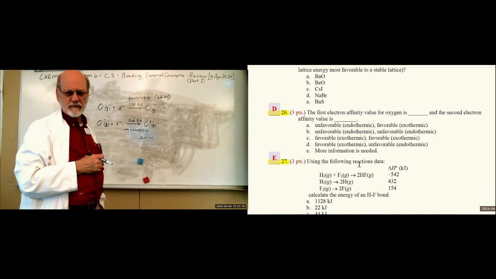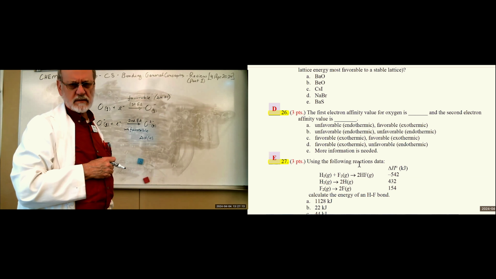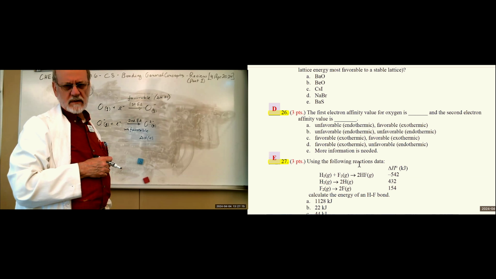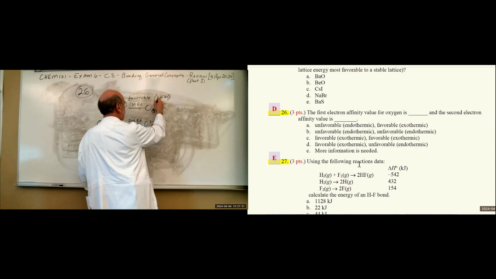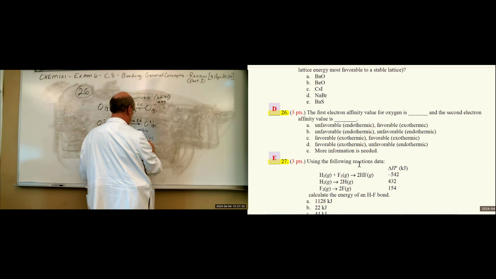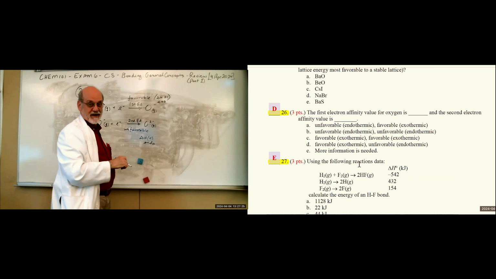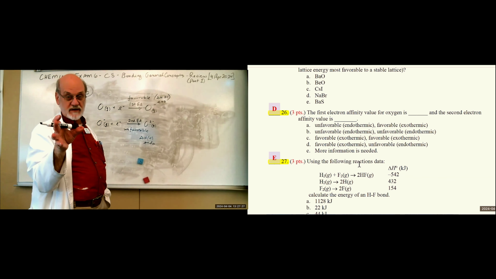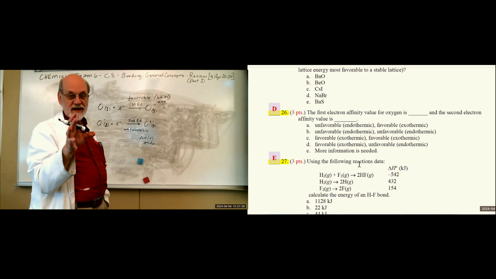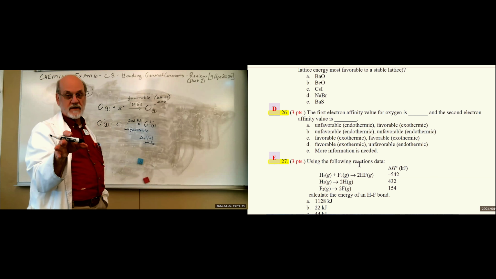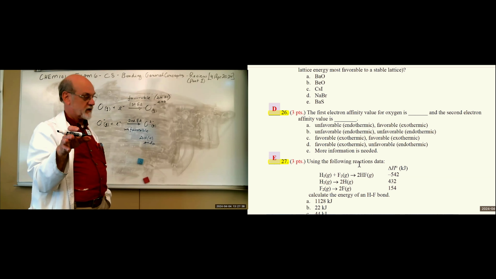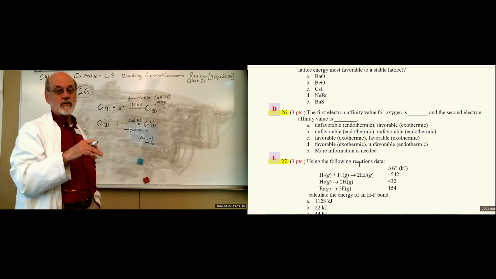Okay, so that would be unfavorable, favorable. Oh, I see. This is exothermic. This is endothermic. All right, so that's another condition in there. Favorable is first, exothermic. Unfavorable is second, endothermic. Yeah, so D would be the answer.